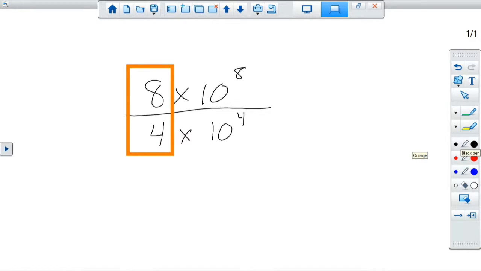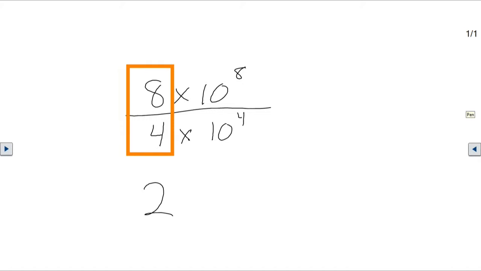We're just going to do 8 divided by 4, and we get 2. If you come out with a number like 2.3 or 5.7, that's okay. We're not going to worry about writing it as a fraction, because in scientific notation that first number is in decimal form.